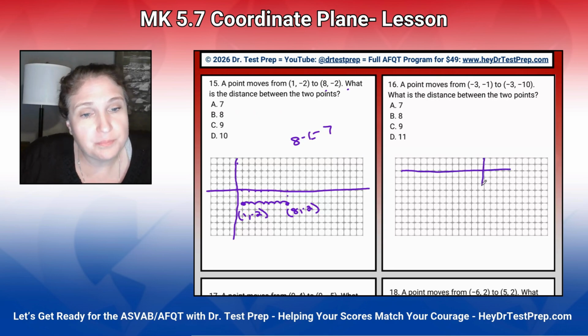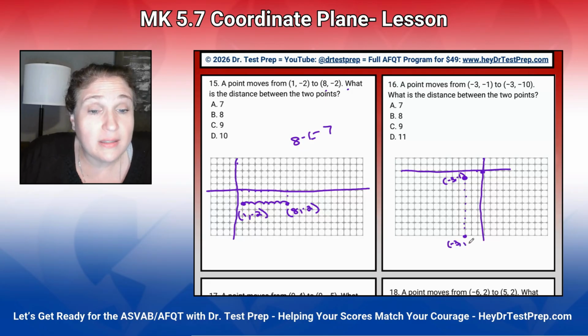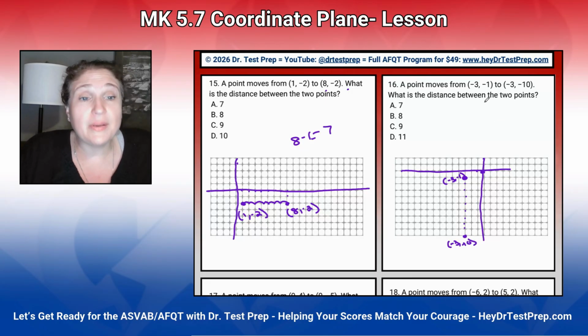All right, here we've got negative 3, 1. So here's my origin, back 3, 1, 2, 3, down 1. Here's my first point. Then I go negative 3 again, now down 10. 2, 3, 4, 5, 6, 7, 8, 9, 10. Oh, that worked out perfect. Because now here, this is where it gets tricky, because do you know how to do negative 1 minus negative 10?